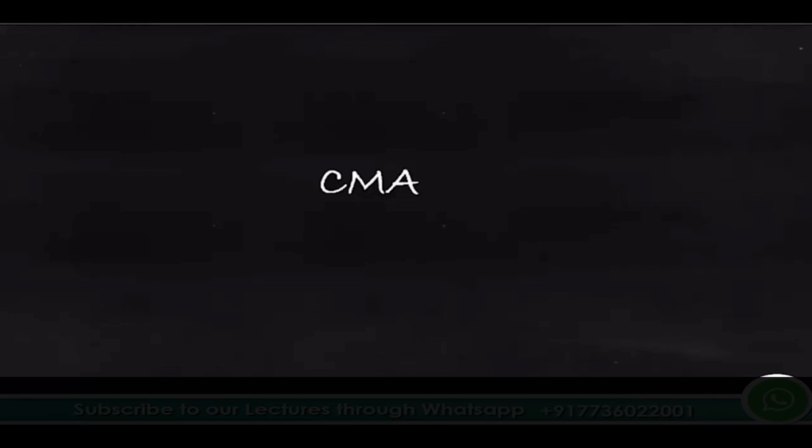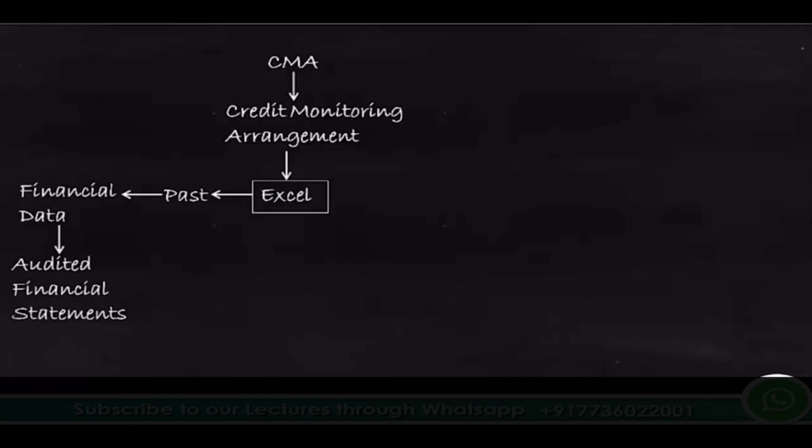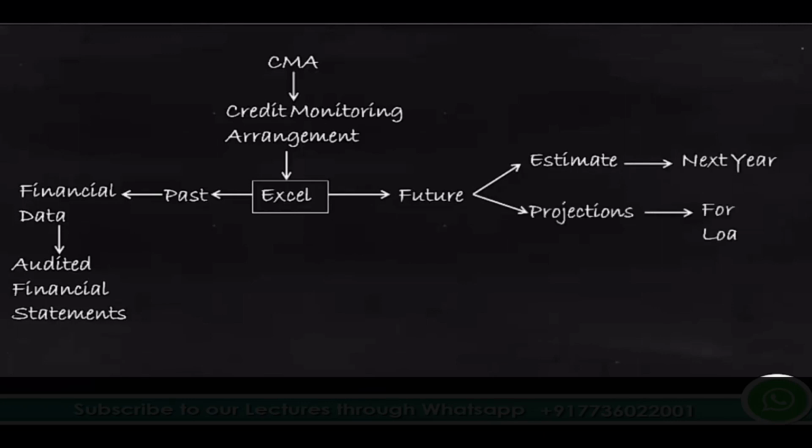Friends, in this session we'll be understanding what is CMA. In banking, CMA is called as Credit Monitoring Arrangement. This is nothing but an Excel sheet which will give information about the past of the customer in financial data, which is basically lifted from audited financial statements, and it will also give picture about the future, that is what they are having as estimate for the immediate future, say that's next year, and what they have as long-term plans for their term loan tenors, which are called as projections.